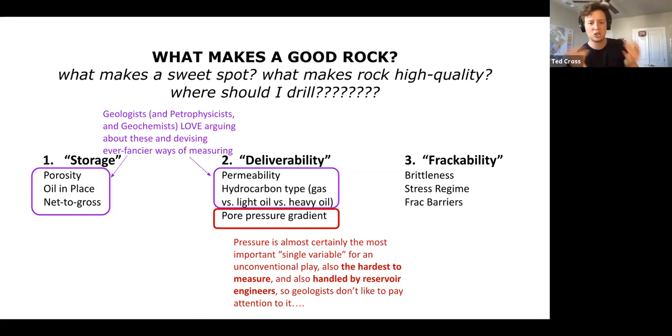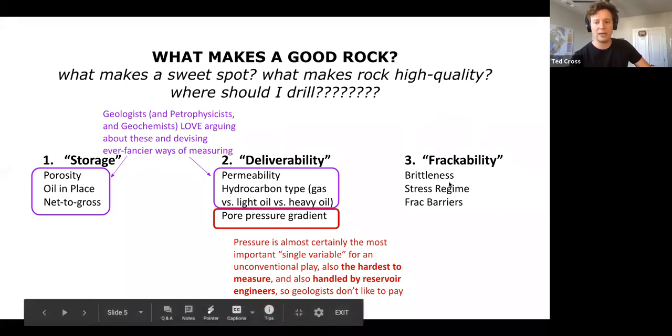The issue is that in tight shale reservoirs, it's so impermeable that the true pressure of the rock doesn't express on the wellbore because the rock is so tight. That's the basic reason why it's so hard to measure within shale reservoirs. It's not super difficult to measure in a very permeable conventional reservoir, like in the deep water Gulf of Mexico or in the Middle East.